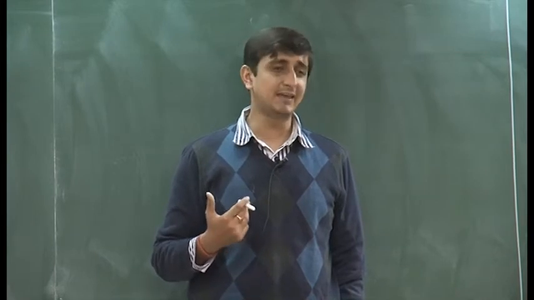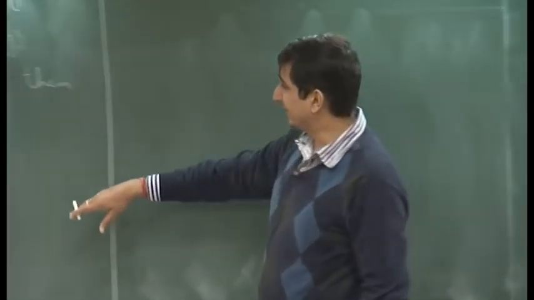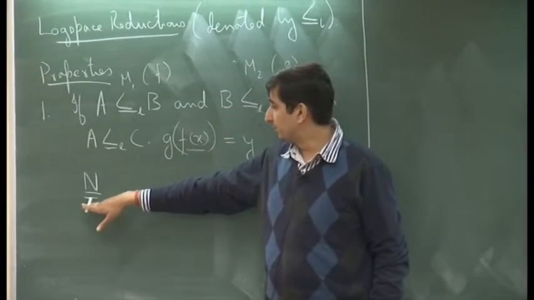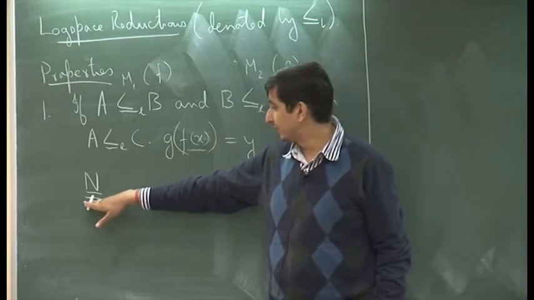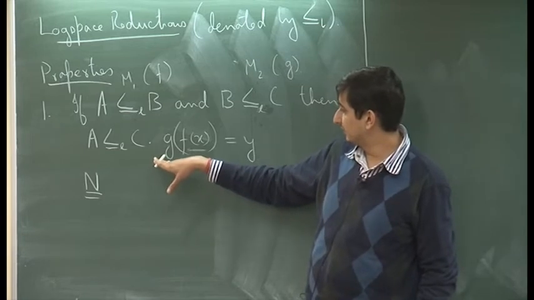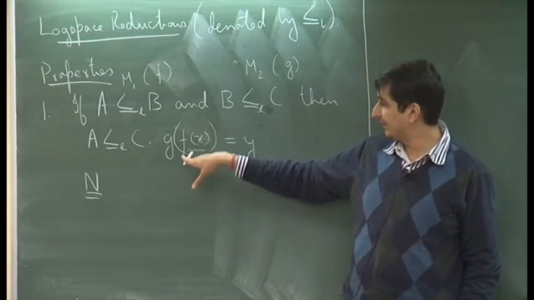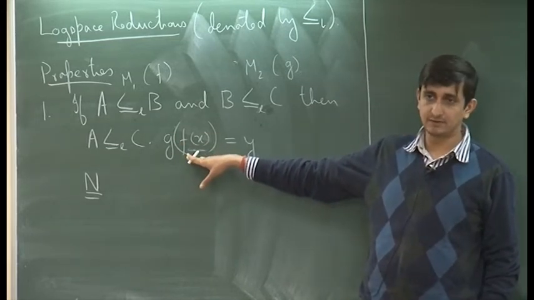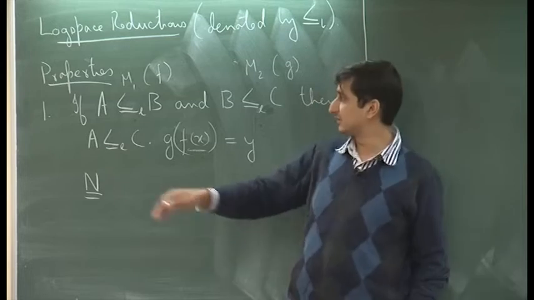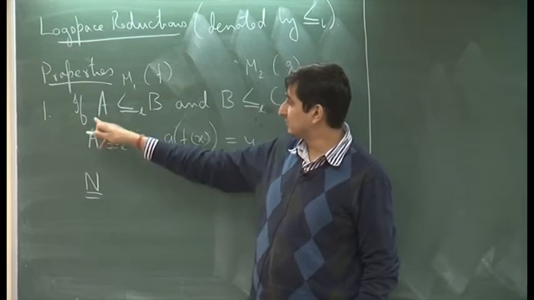So, the idea is that we do not care about time. This is something that we discussed some lectures earlier. We do not care about the time taken to compute this reduction, or the time taken by this machine N. What we do is simulate the machine M2, that is, we try to compute this function g, and whenever it needs a bit of f of x, suppose it needs some jth bit of f of x, we go look at the other tape which contains the description of machine M1, and it has the input x on its input tape.